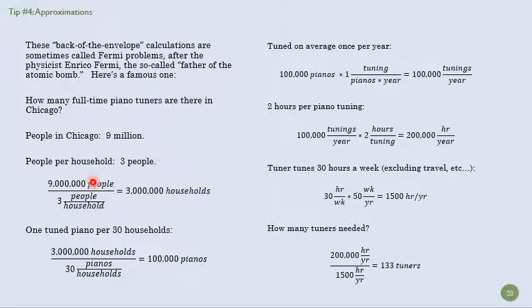And so you follow these steps. They're kind of interesting. Each of these is a guess, right? How many people are in Chicago? I don't know, 9 million, right? How many per household? Figure out how many households, figure out how many pianos there are, how often they get tuned, and you come up with an answer here, which as it turned out, I can't remember what year Fermi introduced this one, but I think this was his.